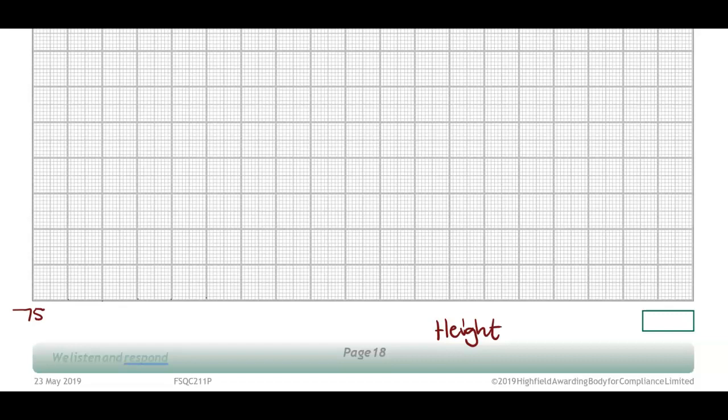We want them to spread out, so we need to leave a wider gap. So maybe 75, 76, 77, 78, 79, 80, then 81, 82, 83, 84, 85, 86, 87, 88, 89. So 90, 91, 92, 93, 94, 95, 96, 97, 98, 99.